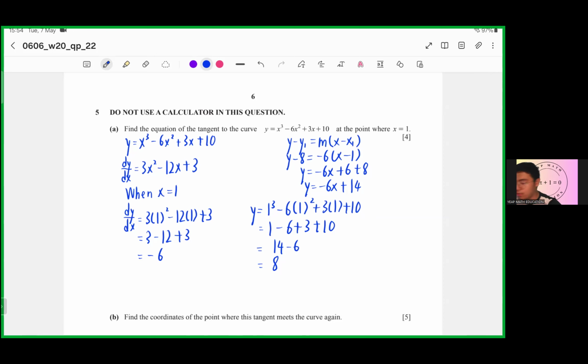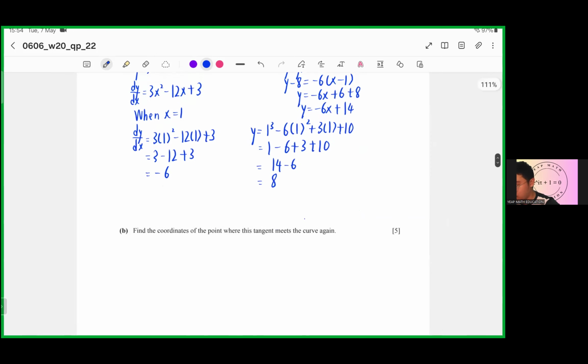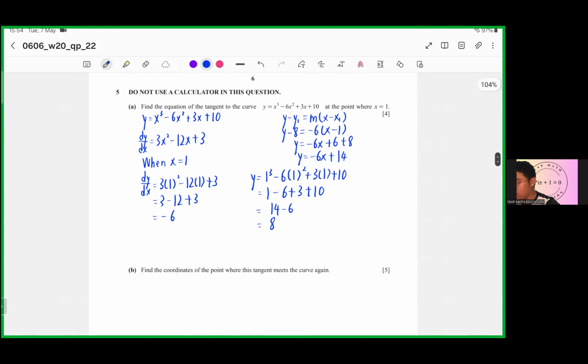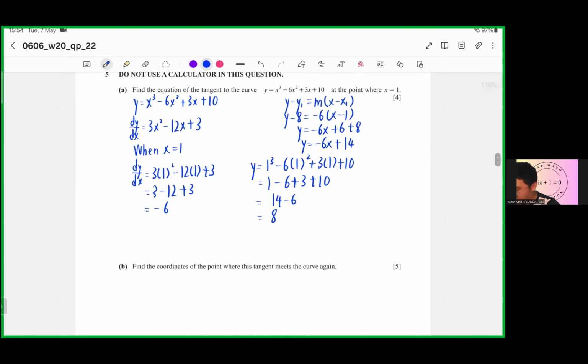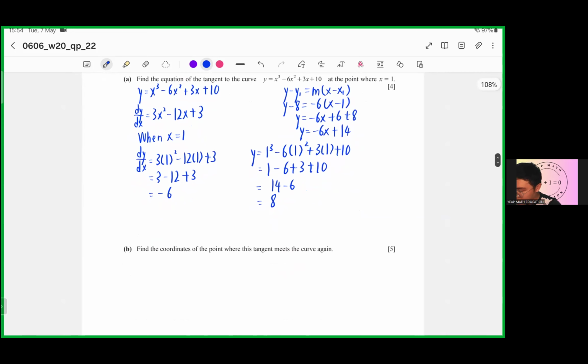Now we see question B: find the coordinates of the point where the tangent meets the curve again. Wait a minute. It means this equation will meet the curve again.